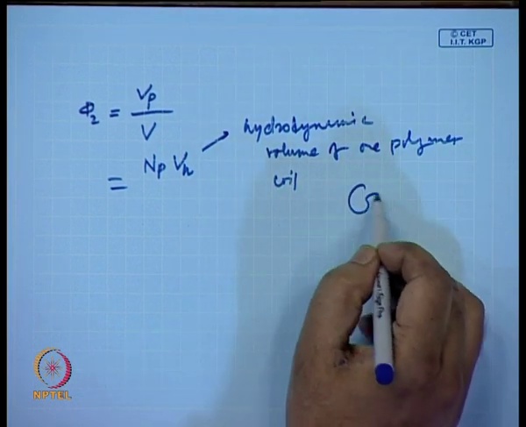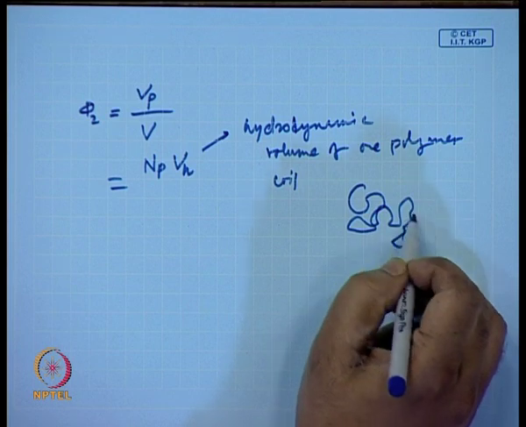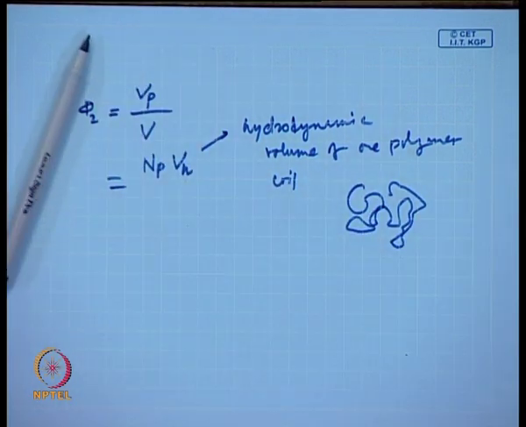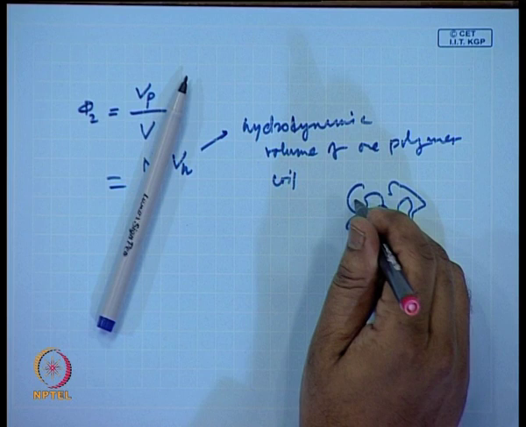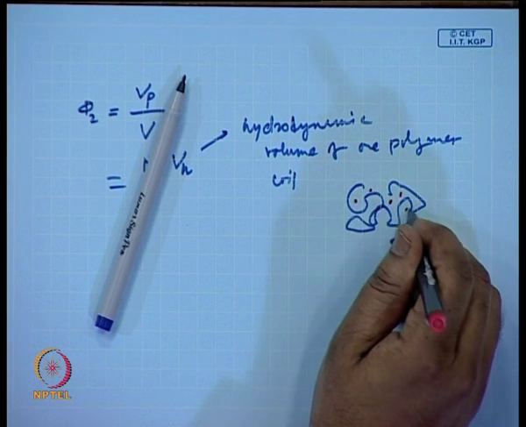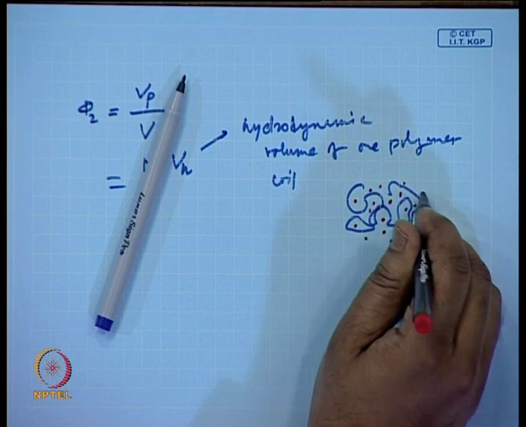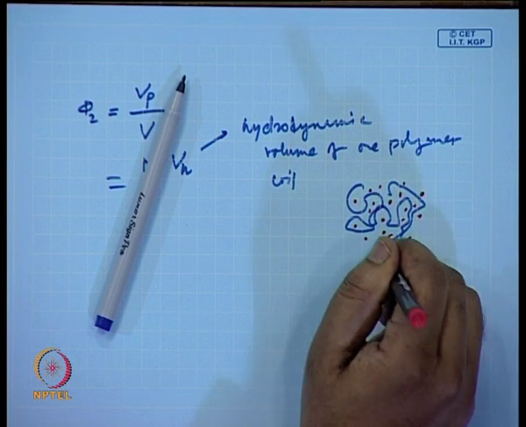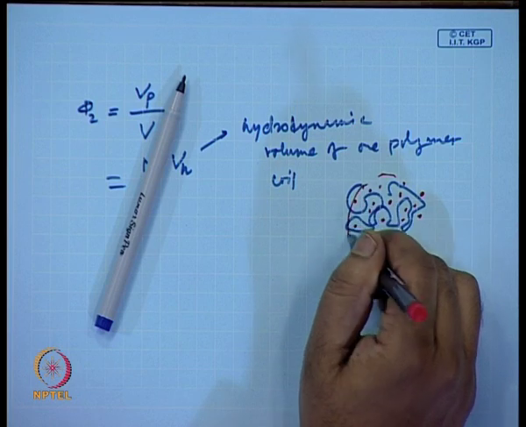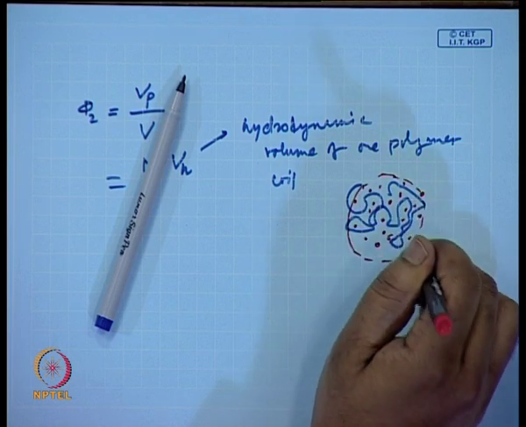It is basically the sphere which I showed earlier: the polymer chain plus the solvent molecules which move along with the polymer coil, as an equivalent sphere.